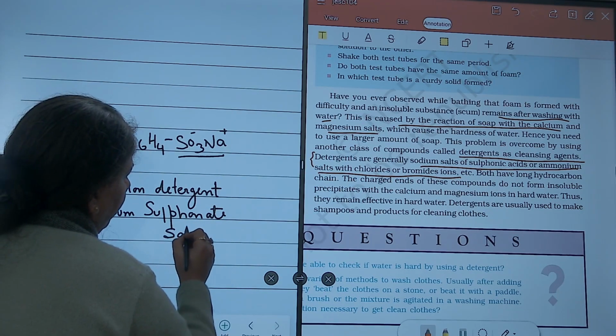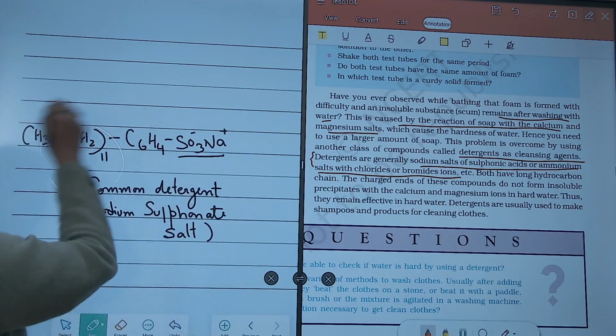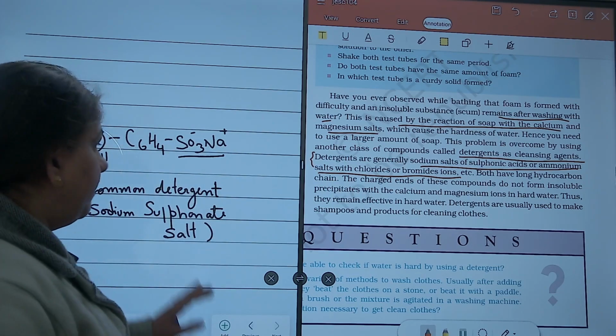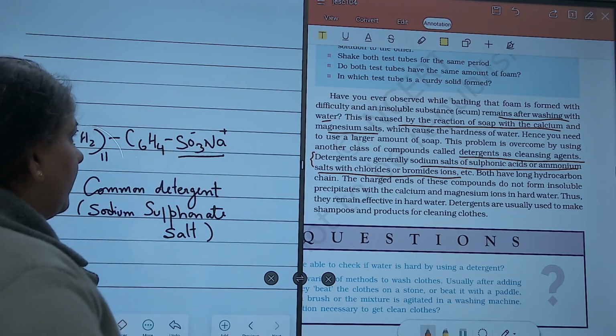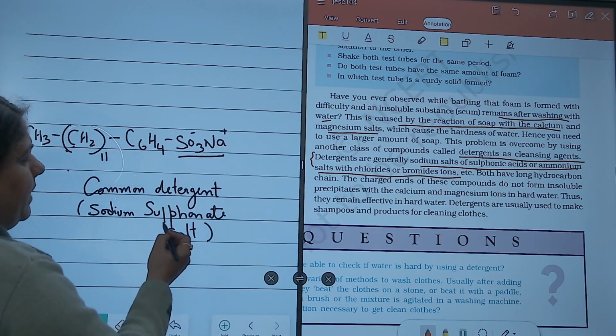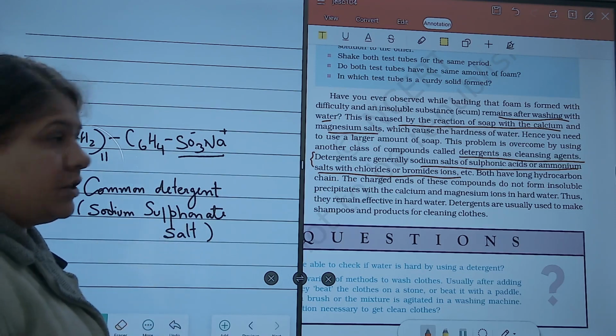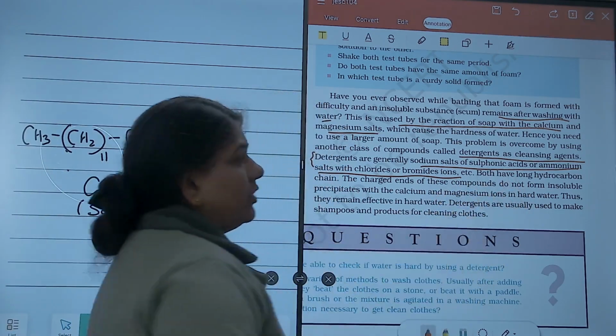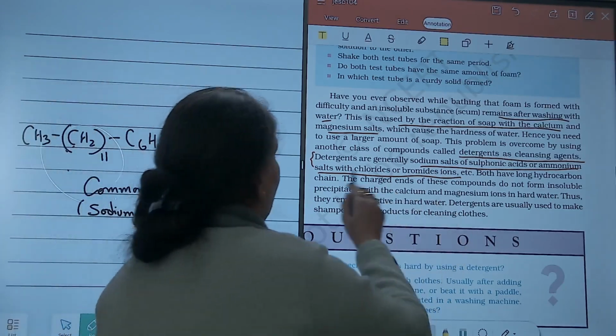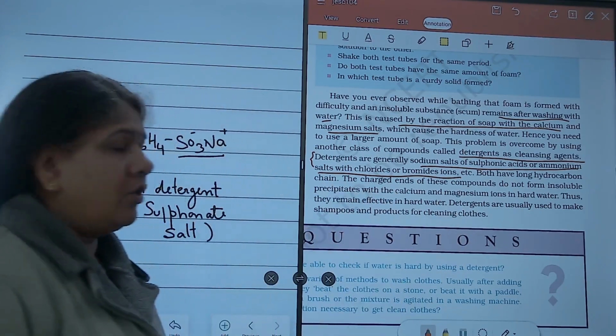You don't need to remember the exact composition or exact formula, but for understanding, you must know that it resembles this. The carboxylic end is replaced by the sulfonate end. So it is basically made from sulfonic acid or ammonium salts with chlorides or bromide ions.